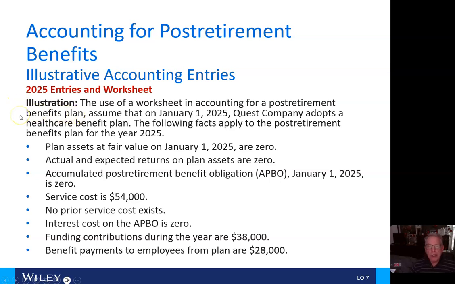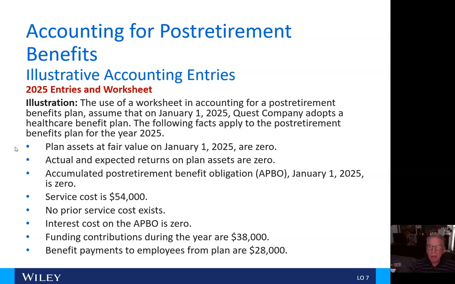The use of a worksheet in accounting for post-retirement benefits plan assumes that on January 1, 2025, Quest Company adopts a healthcare benefit plan. The following facts apply to the post-retirement benefits plan for the year 2025. 1.